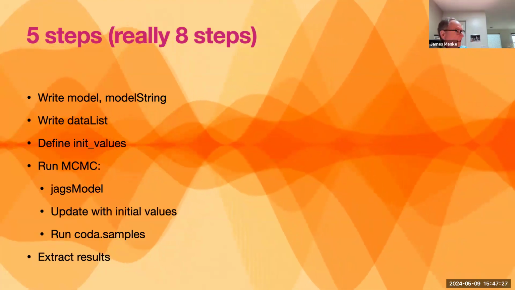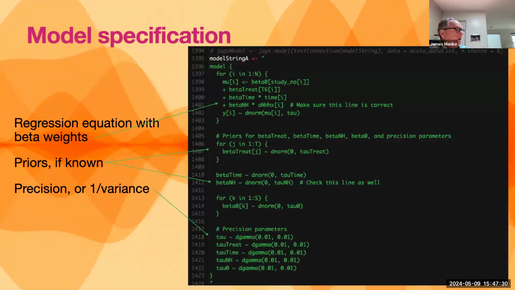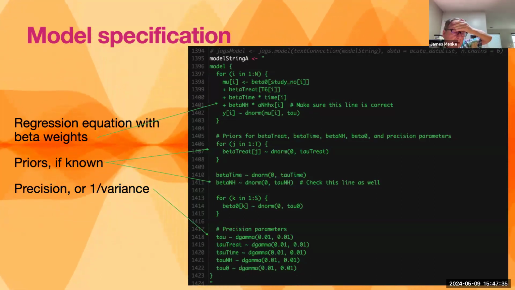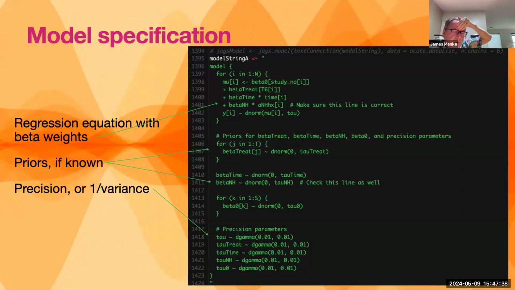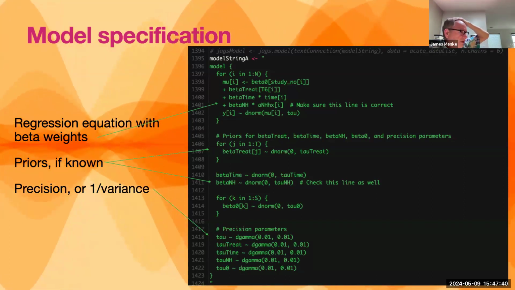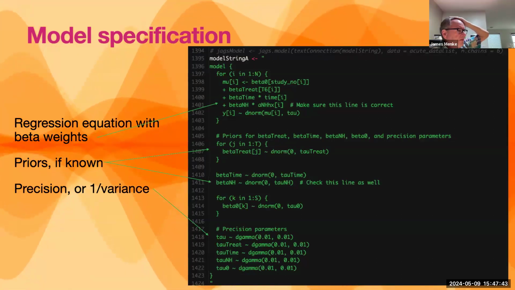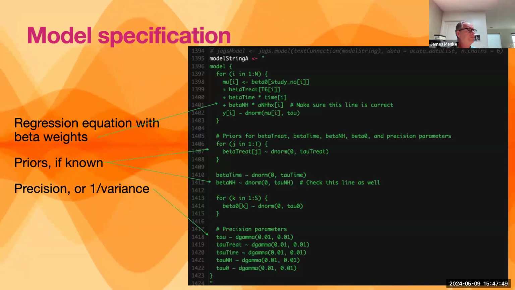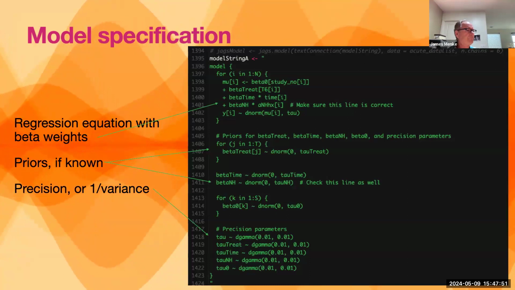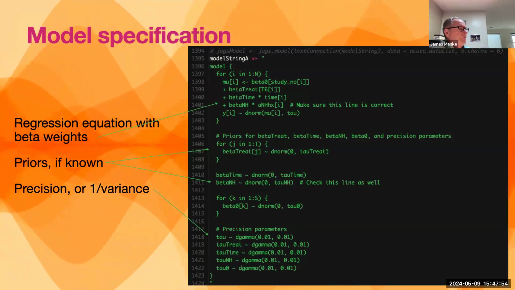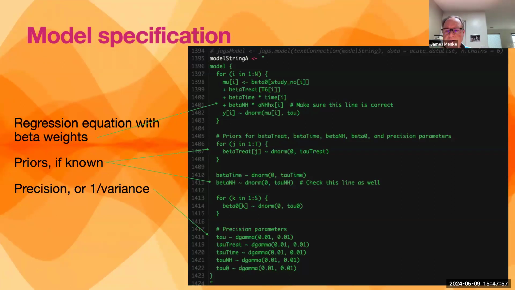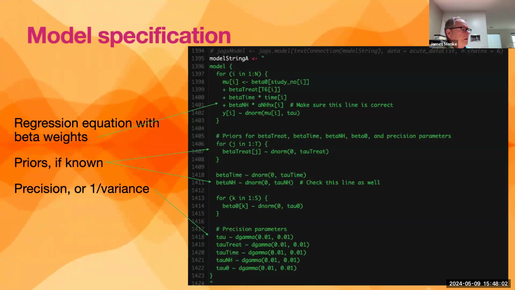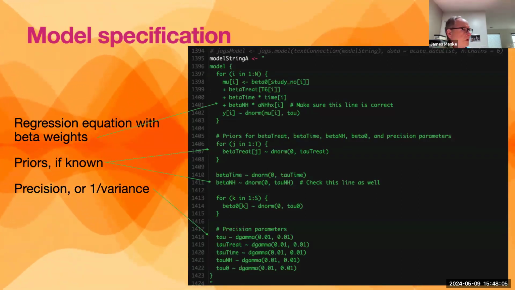So the steps that are involved are specifying a model, and the stuff I've sent you, I'll run it. If you guys want to run it, you can. If you don't, that's fine. I understand. But there's several different features to it. I think the most important is at the top there, regression equation with beta weights. It's going to do a regression, just like you would with a GLM or a linear model kind of thing.